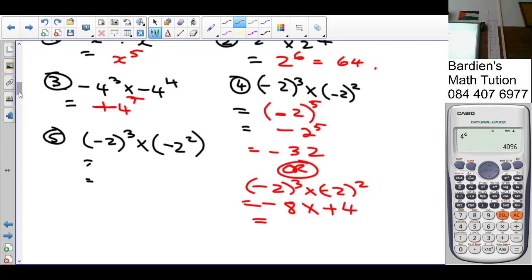What's negative times positive? 8 times 4. And there we go. Both ways you're going to get your full multiplication. Easy it is. Any confusion at this point?